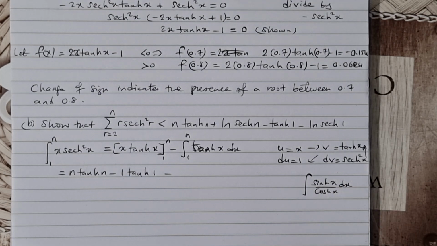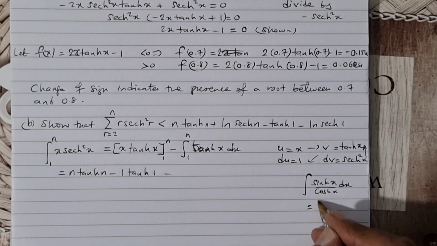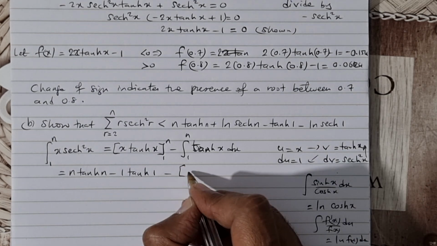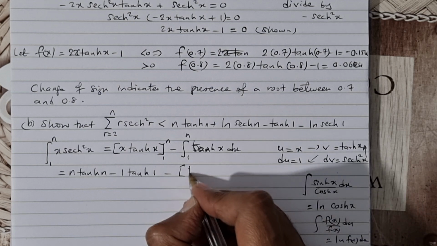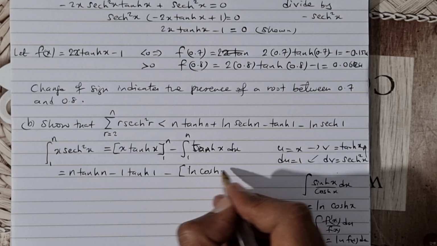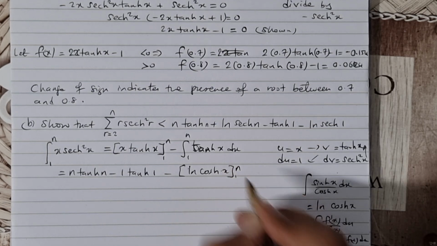Now if we look at this carefully, it's going to end up as ln cosh x, because remember this is of the form f prime x over f x dx, which is equal to ln f x. So it's of that form. So therefore we have in brackets here ln cosh x going from 1 to n.